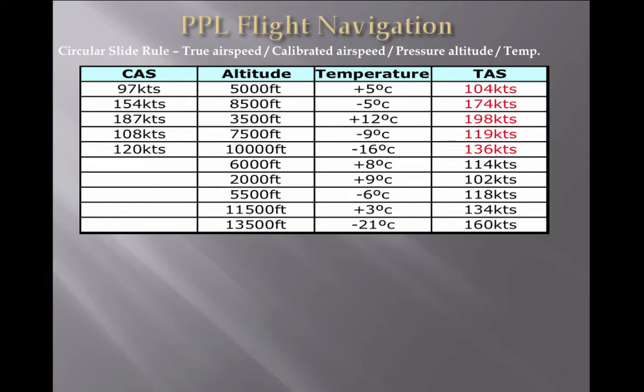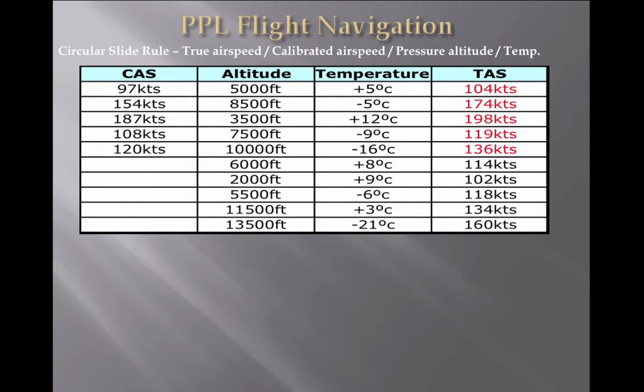So this time we're gonna do the same calculation, but instead of looking on the inner scale with the number that we know, our calibrated airspeed, we're going to take the number that we do know, which is our true airspeed. So we're going to read it from the outside, and this time we're going to get our CAS from the inner scale. So we take 6,000 feet and we're at positive 8 degrees outside air temperature.